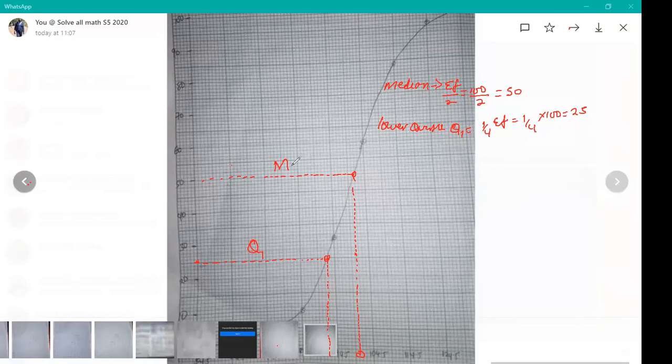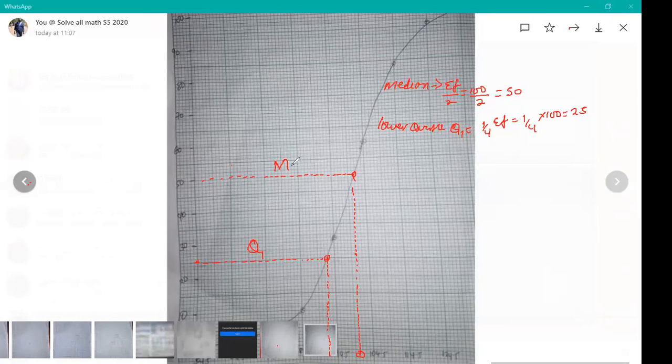Can I hear your answers? 91.5. Another one? 92.5. Should be 92.5. If you have deviated a little, it should be 92. If you have deviated more, it's going to be 93. That is plus or minus 0.5.